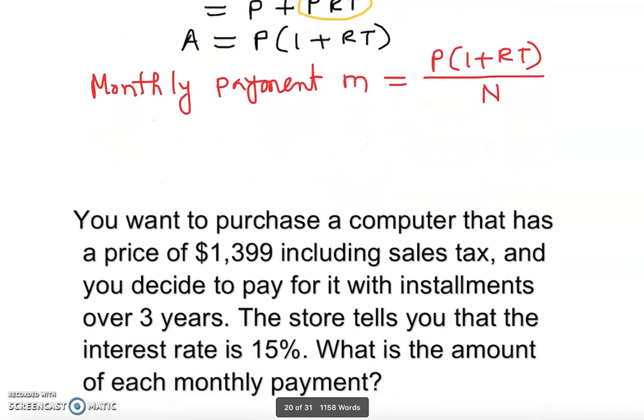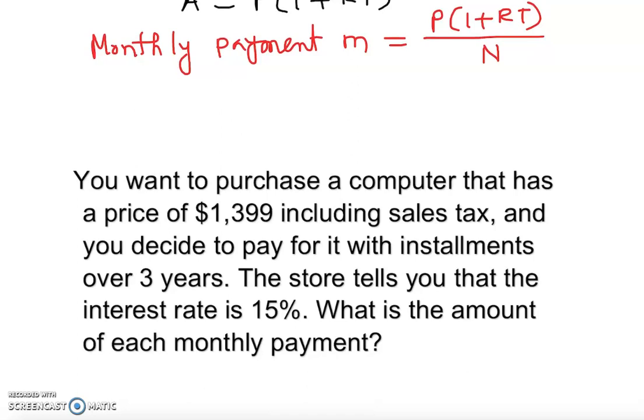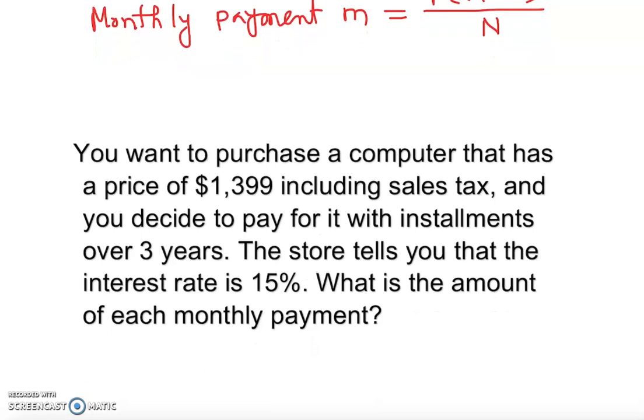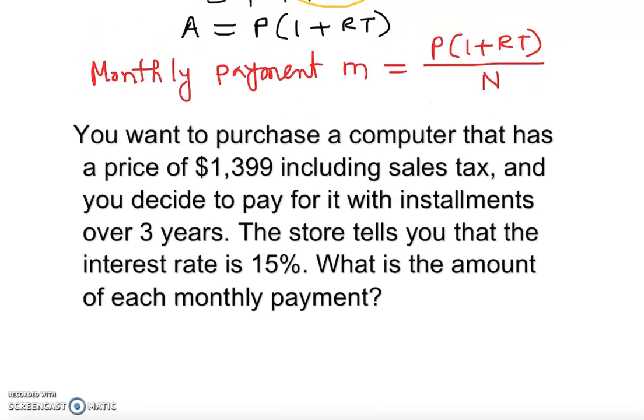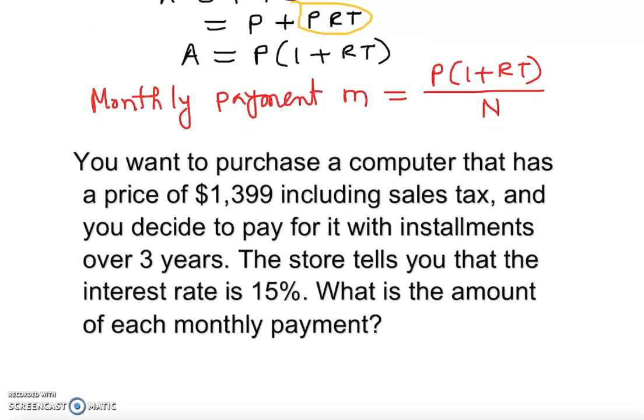Let's take a look at an example here. What is given in this scenario? That is my fee, it looks like, including the sales tax.